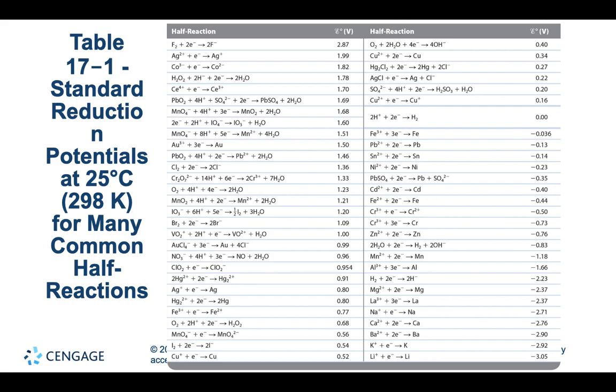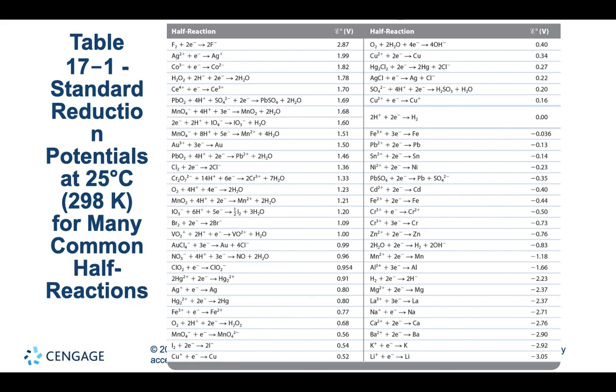So, looking for, well, I already know where the copper plus 2 is. I just used that one with the silver. That's in the second row of the second column, up there at 0.34 volts. But then looking further down that column, I find the zinc at negative 0.76 volts.